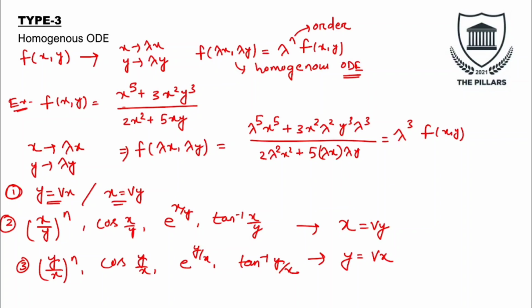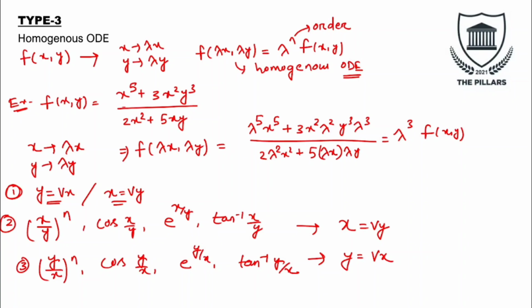Now let's summarize this slide. A function f(x, y) will be homogeneous if we substitute λx in place of x and λy in place of y, and we get f(λx, λy) = λ^n f(x, y). Then this kind of function or differential equation is called a homogeneous function or differential equation.